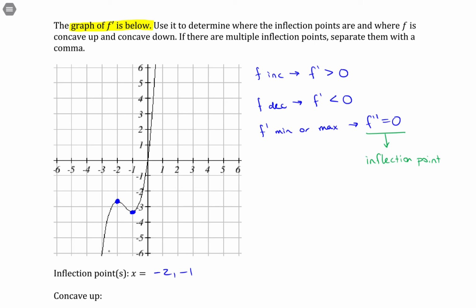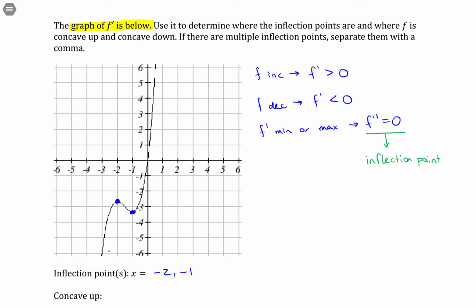Now, where is this concave up or concave down? So when it comes to determining things like that, let's again just think about what it means for the relationship between the original function and the first derivative as compared to the derivative and the second derivative. So if the original function is increasing, then that means its first derivative is greater than 0.